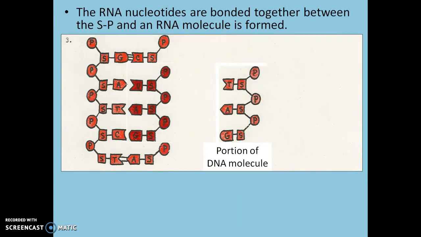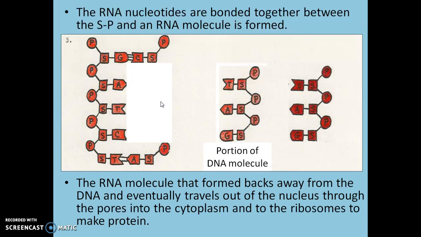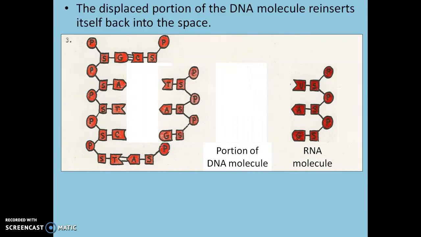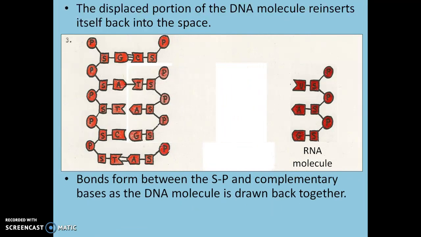So now we have an RNA molecule that we are going to remove, and the other part of the DNA molecule that we had previously taken out, we can now put in and put those hydrogen bonds back.